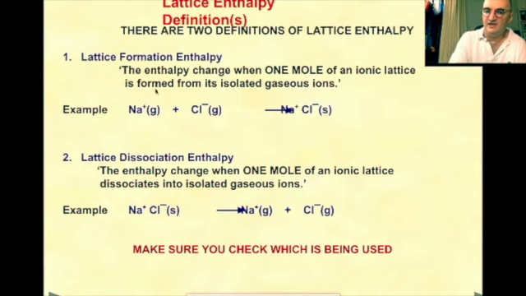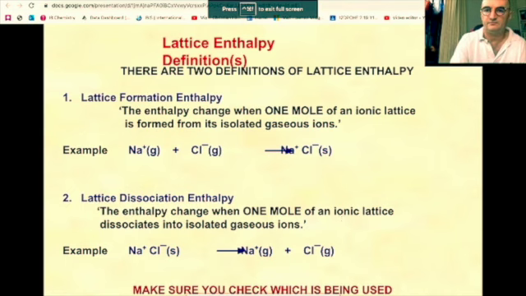Okay, so here infinite separation to forming the giant ionic lattice, which is bond making, exothermic, and here's the giant ionic lattice being broken down into the gaseous ions at infinite separation, which is equally endothermic. So if the top line was minus 1,000 kilojoules per mole, the bottom line would be plus 1,000 kilojoules per mole.